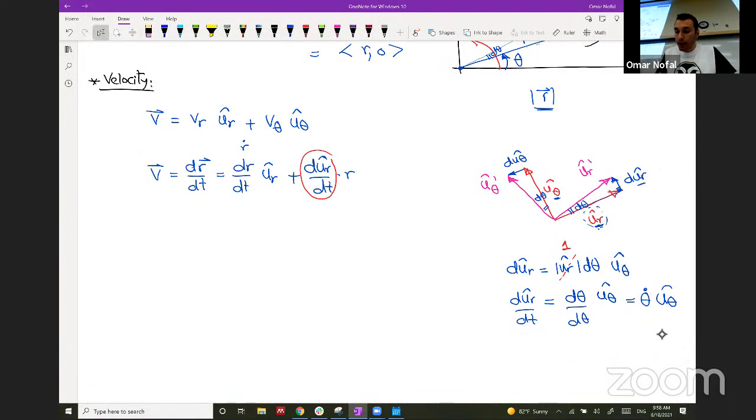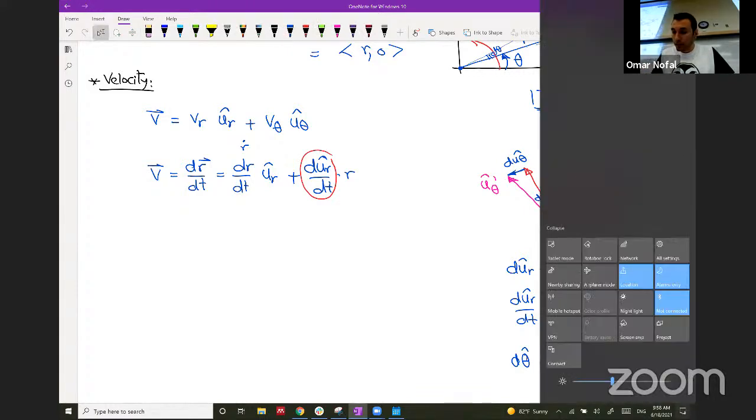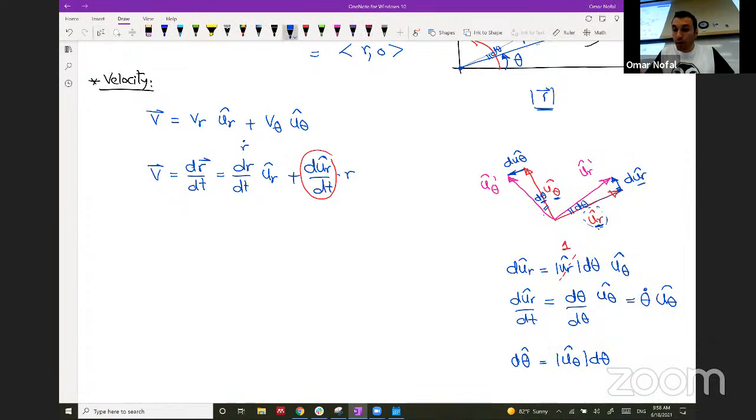Similarly, we can calculate the d u theta hat. It will be equal to the magnitude of u theta hat multiplied by d theta. In the direction, if you look at this direction, you will find that it's in the negative direction of the ur hat.